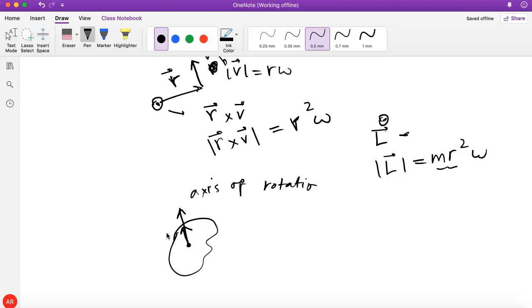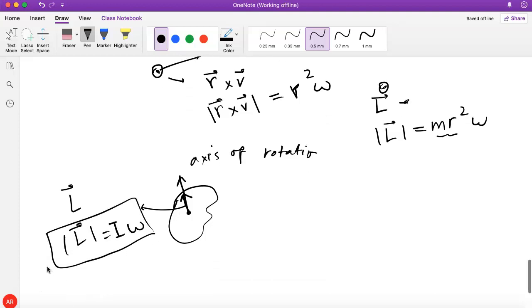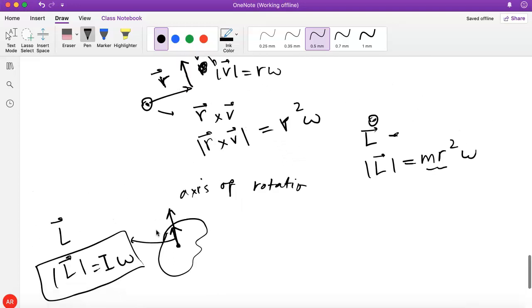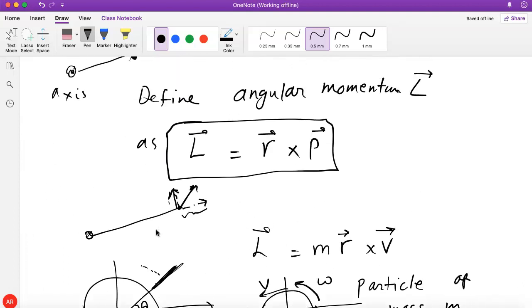So let's say you have rotation with a fixed axis, then L is a vector in that direction whose magnitude, whose length, is simply I omega. So this ties in with the moment of inertia being the analog of mass and omega being the counterpart of velocity.